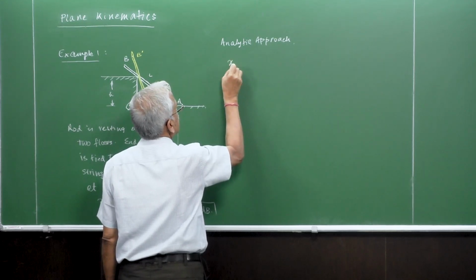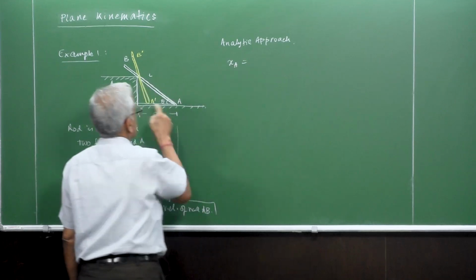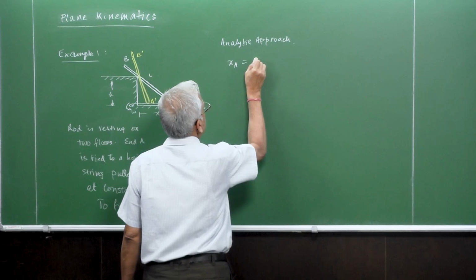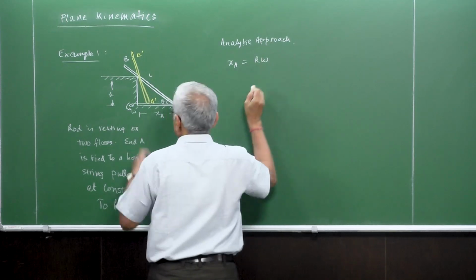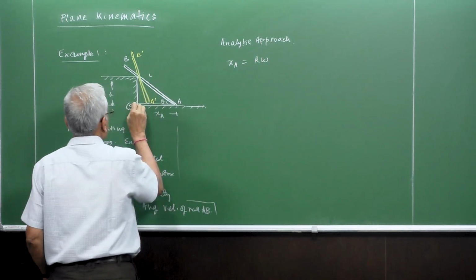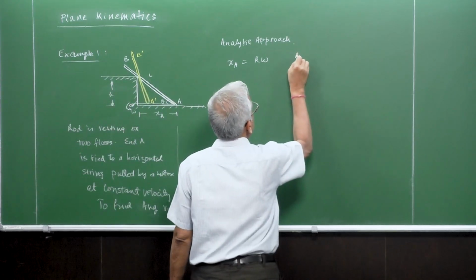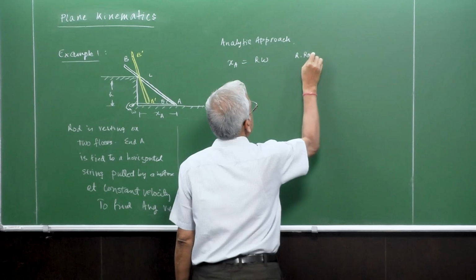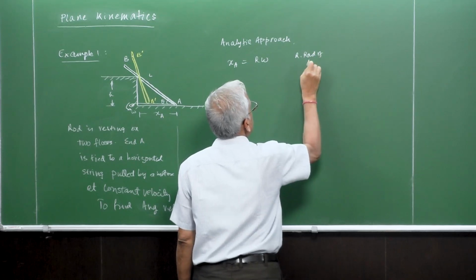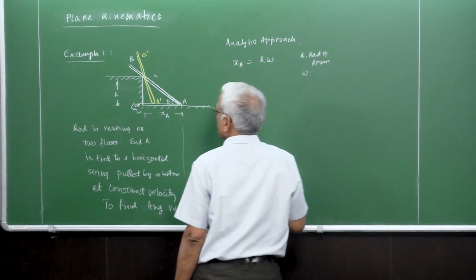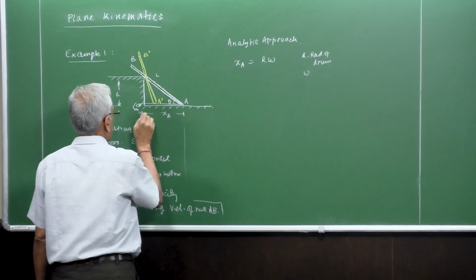The distance xA here is nothing but some r omega, where r is the size or the radius of the drum, and omega is, let us say, some omega naught.